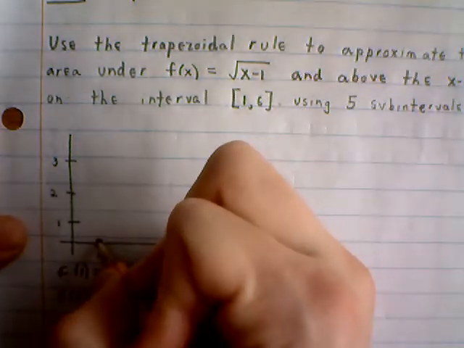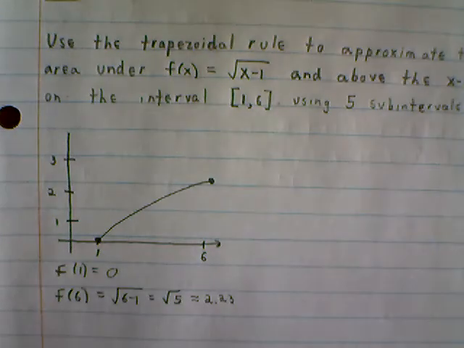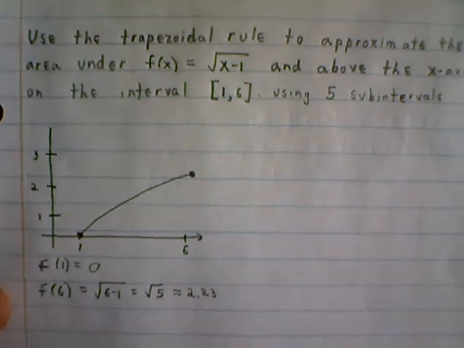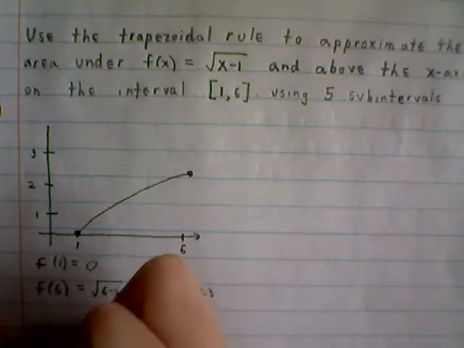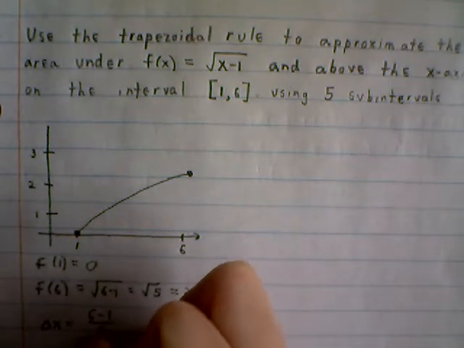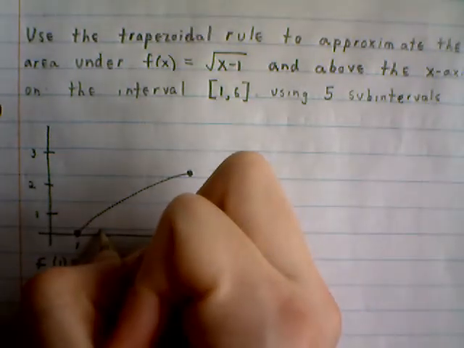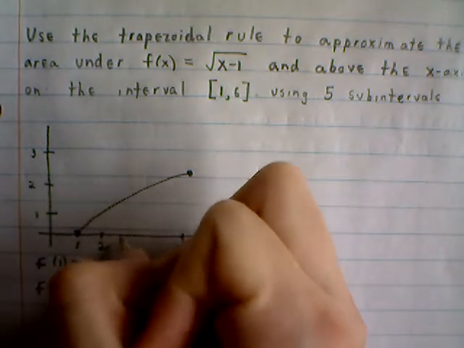Let's sketch our square root curve. Next, I want 5 subintervals, so our delta x is going to be 6 minus 1 over 5, which is just 1. So now let's scale by 1s.